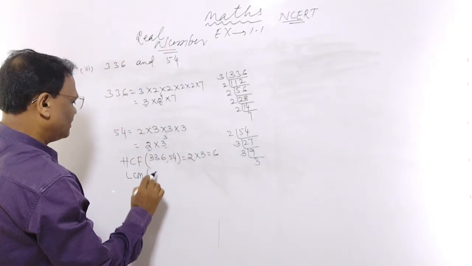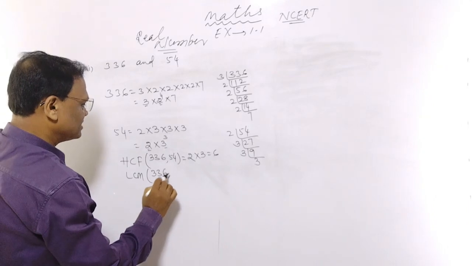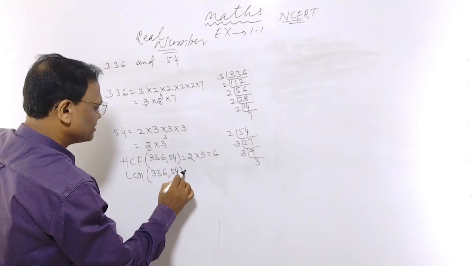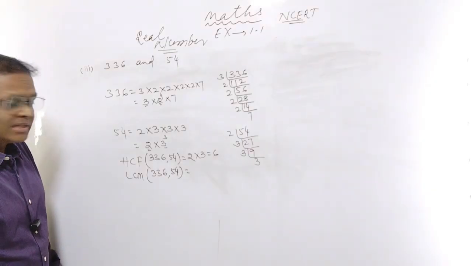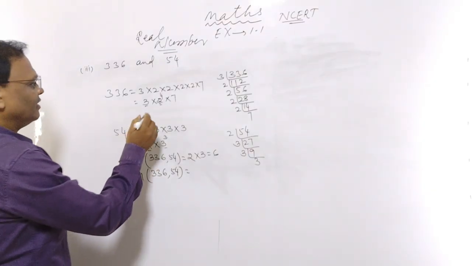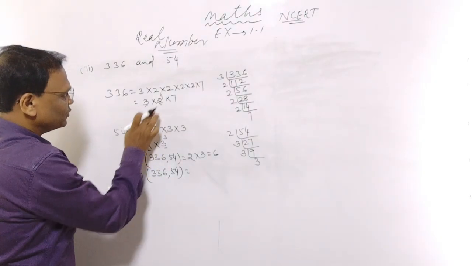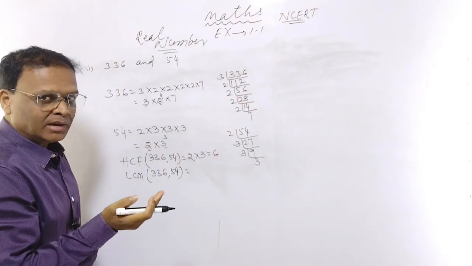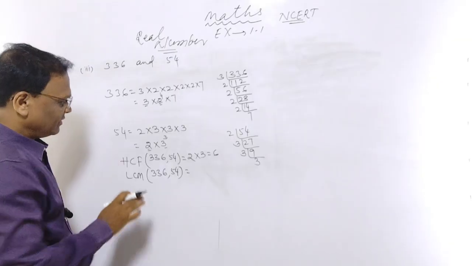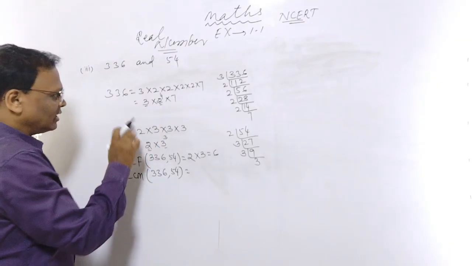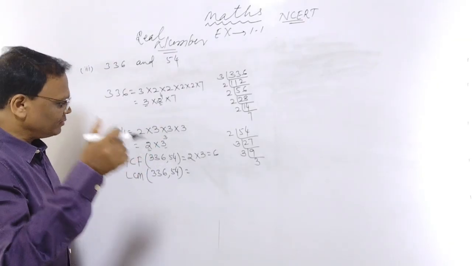LCM of the same numbers, 336 and 54. These are the given numbers. What is the LCM? Now see, out of these, in LCM I have to select the highest power. Till now it must have been understood.